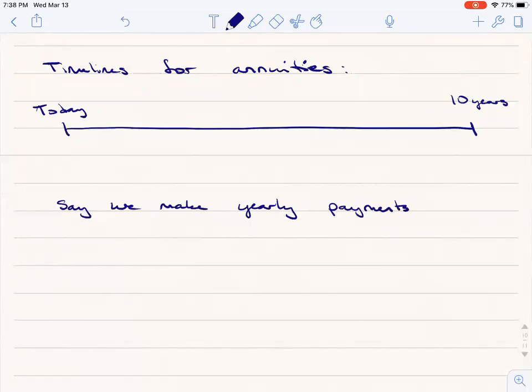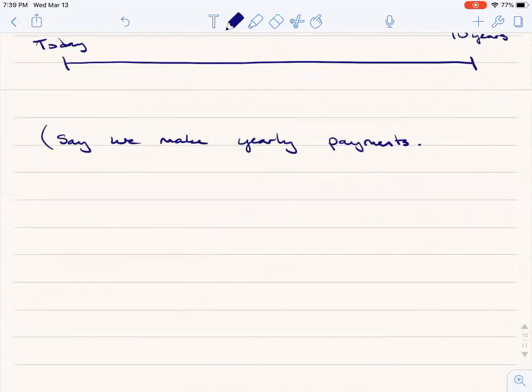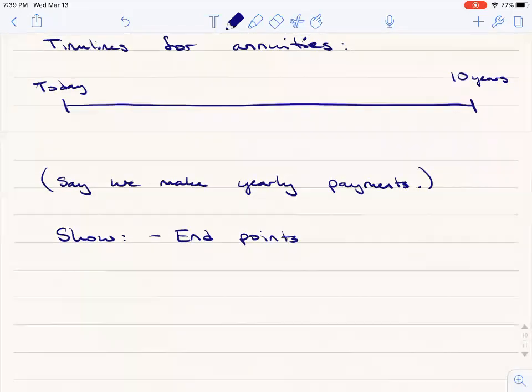Because it's only 10 years, we could do all the ticks, but even that's a bit much. So what you're going to do is show the endpoints, today and whatever the endpoint is.